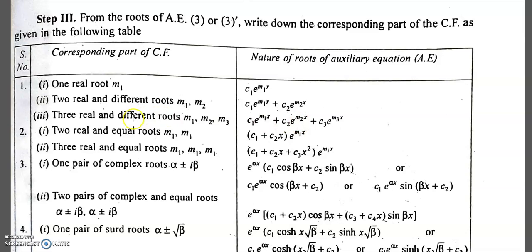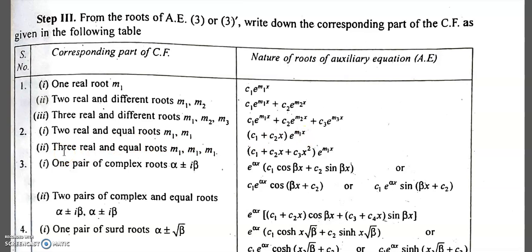Now see, if a second order differential equation has two roots and these two roots are real and equal, say m1 and m1, then how do we write the solution? c1 plus c2x, whole multiplied by e power m1x.